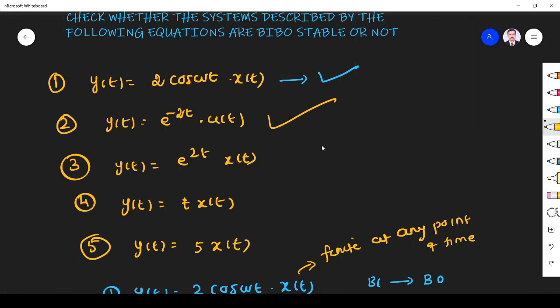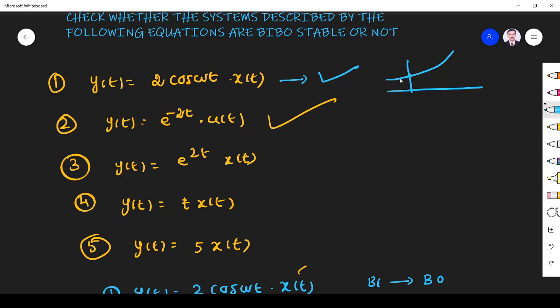Third problem, it's a beautiful problem, exactly opposite to the second problem. We know e power 2t is a growing exponential. When t is equal to 0, it is 1. If you have any doubt, please refer to my video on real exponential. If you multiply with x of t, let us assume x of t is 1.